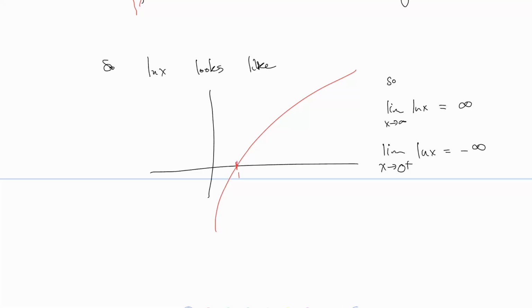All right, excellent. One thing to notice about this, and it's because of this first limit that I wrote here, these values go up forever, right?